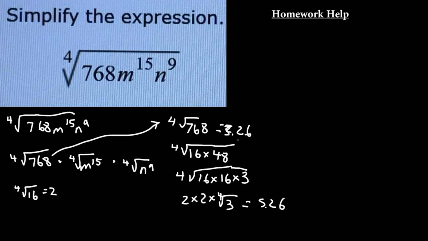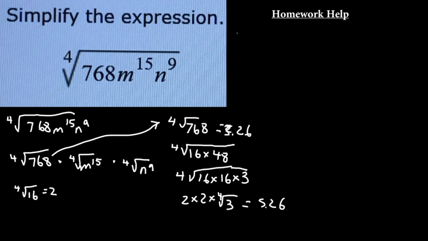Now for the next part, the 4th root of m to the 15. This just means that there's 15 m's in here, and it takes 4 m's to make 1 m. So I'm going to continue this part over here.